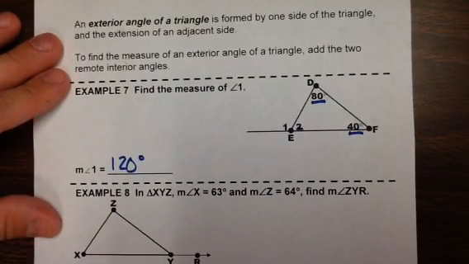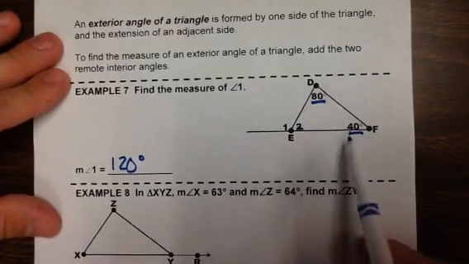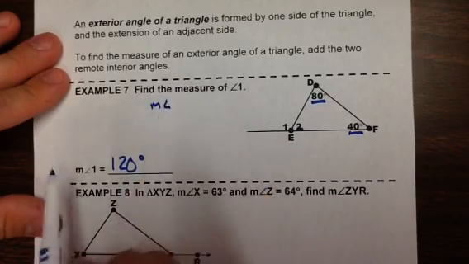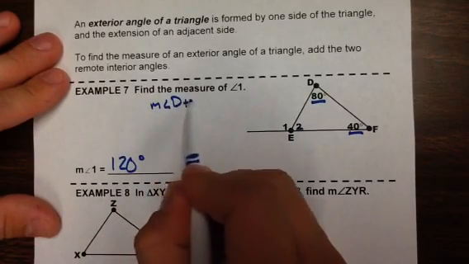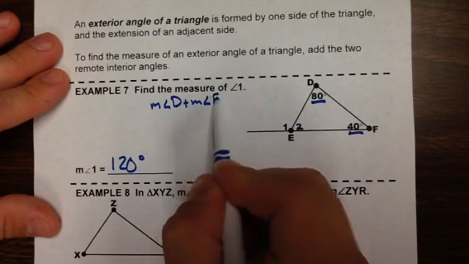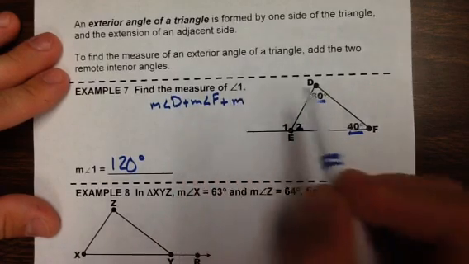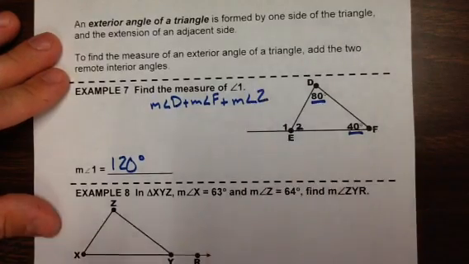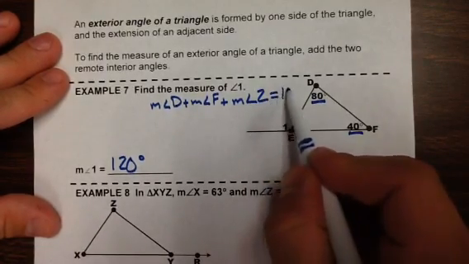But now let's look at why that is the case. We already said that all three angles, the measure of angle D plus the measure of angle F plus the measure of angle, we'll call it angle 2, equals 180 degrees.